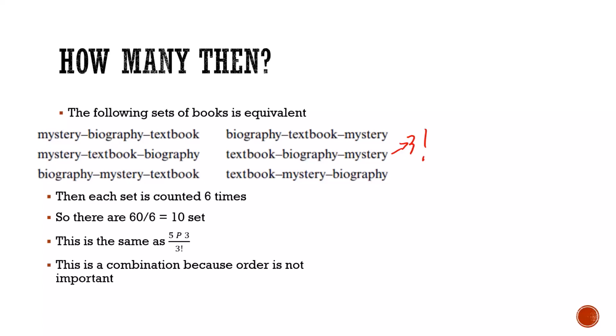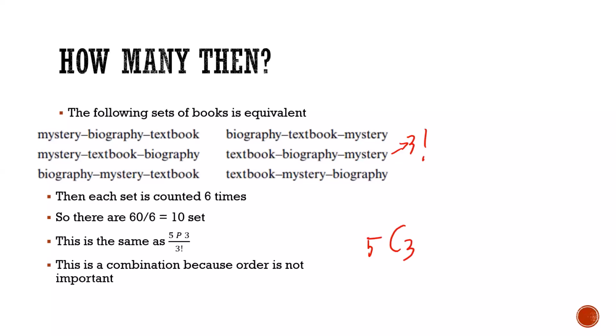You won't have to derive this, but I want you to notice that 60 is the same as 5P3, and 6 is 3 factorial. And this is what we call a combination, or a choice. So I would call this 5 choose 3, or 5 combination 3.